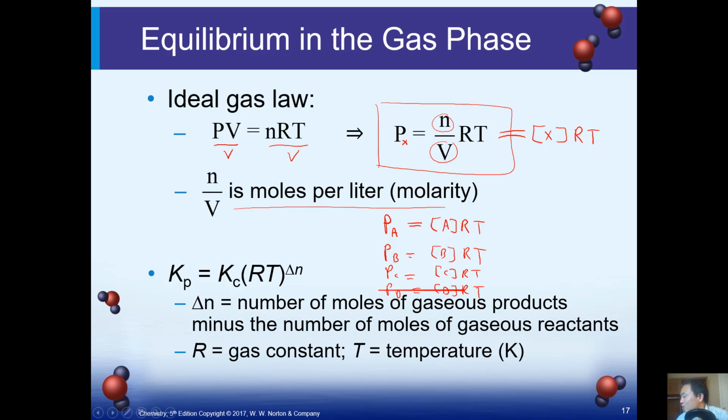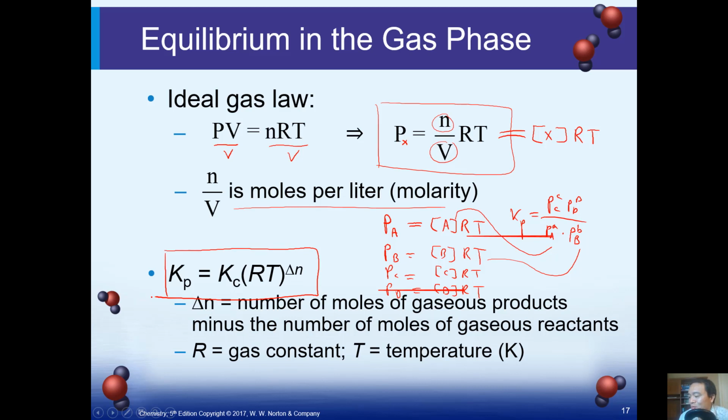Do remember, Kp equals Pc raised to C, Pd raised to D, over Pa raised to A times Pb raised to B. So if you substitute Pa, Pb, Pc, Pd into the Kp expression, you'll find Kp and Kc have this relationship: Kp is Kc times (R times T) raised to delta n.